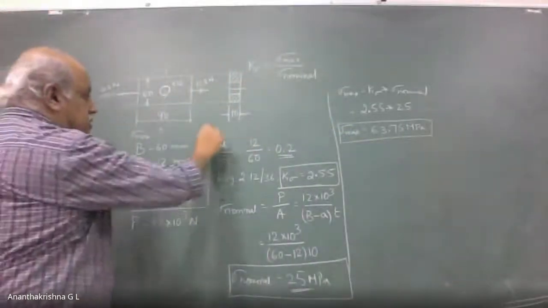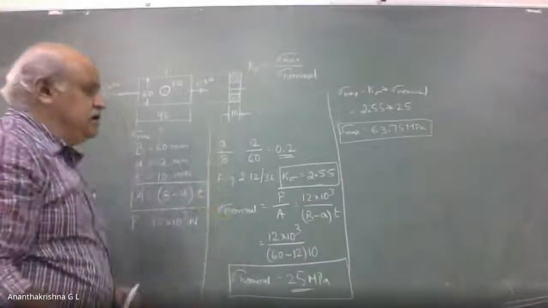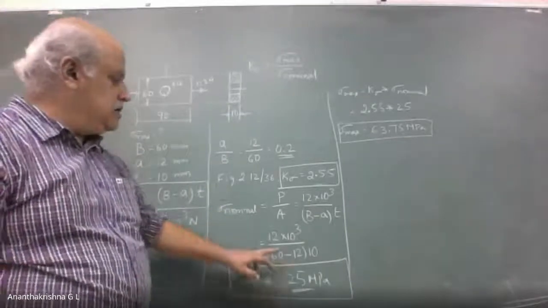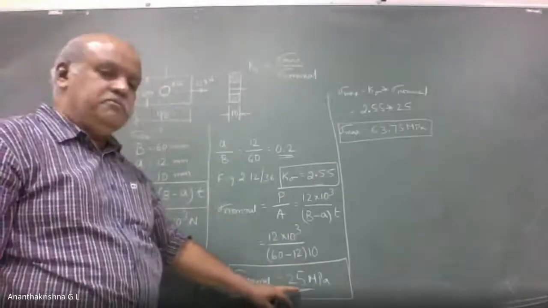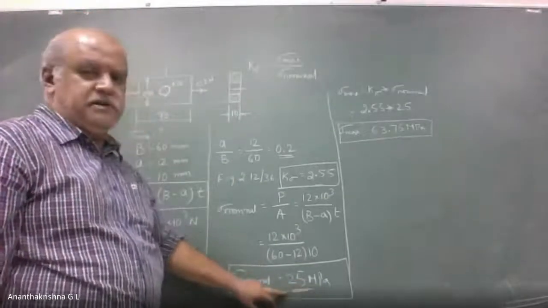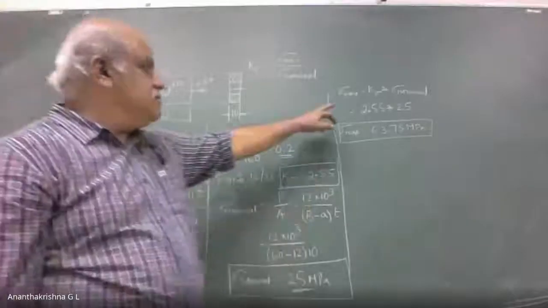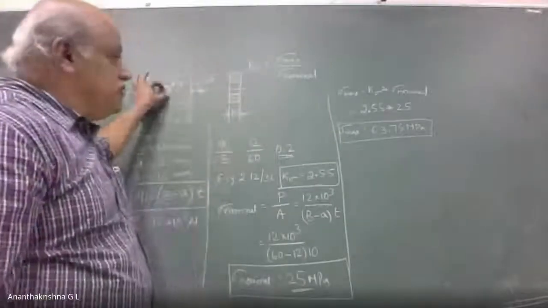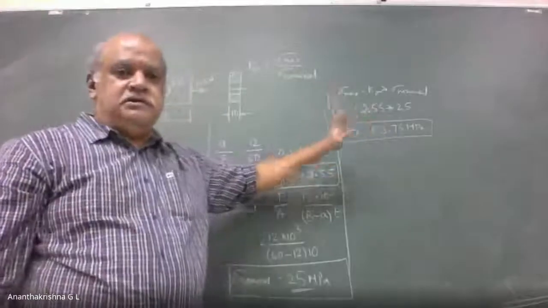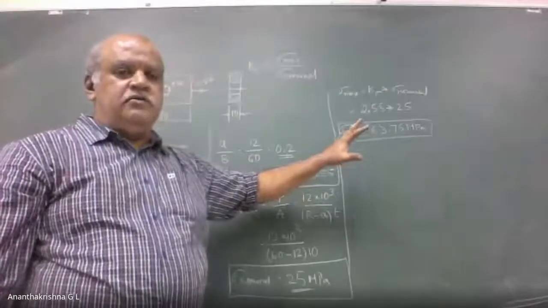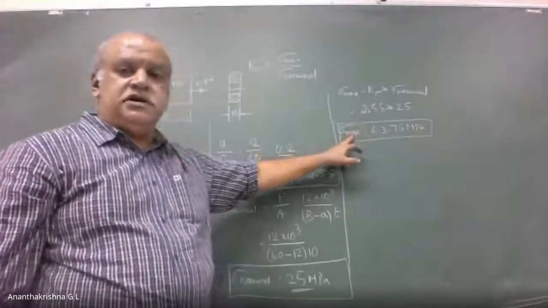Very good. See, if we don't consider the presence of discontinuity, we would have stopped at sigma nominal equal to 25 megapascal. But because of the presence of the discontinuity in the form of a hole, the maximum stress is 63.75. Could you understand now the significance of finding stress concentration?